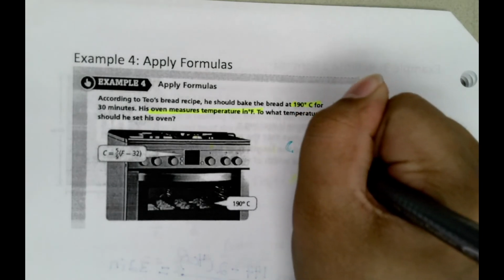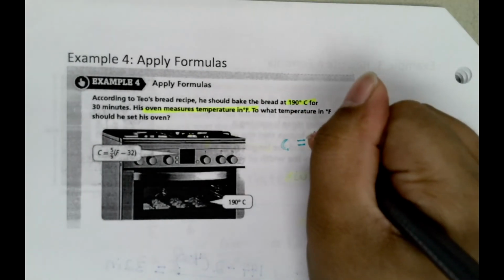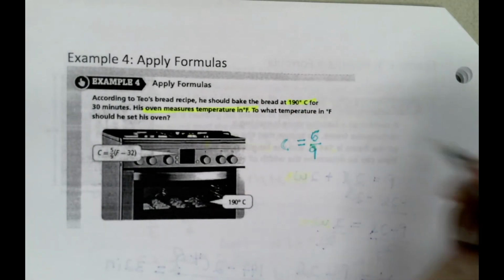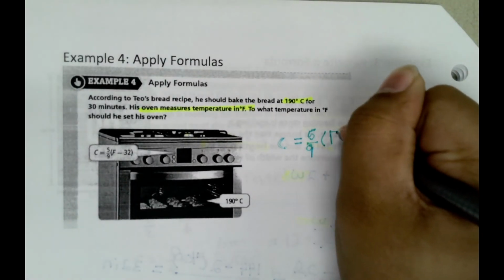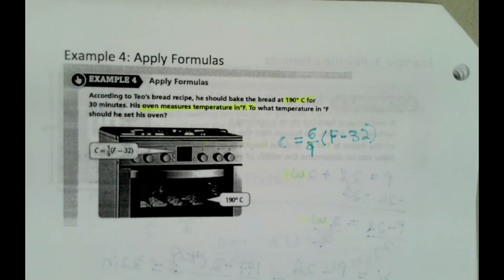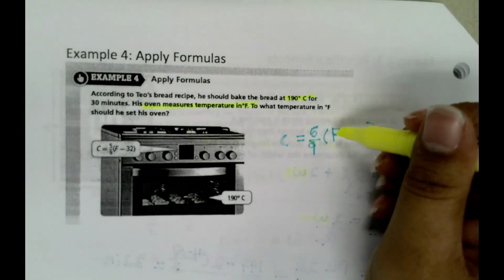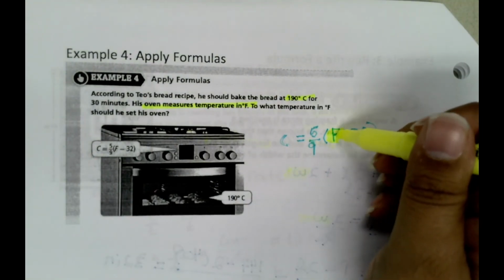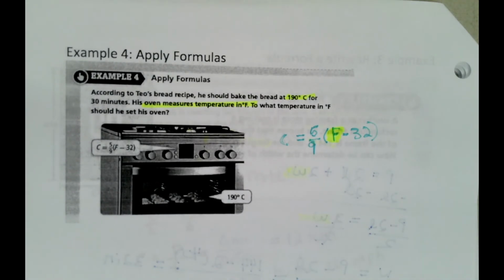When I tell my kids, whenever they have a number next to a fraction, toss it to the top. So C equals 5 times F minus 32, all the way at the top, all over 9. We still highlight our F because it's still the one we're trying to get alone.